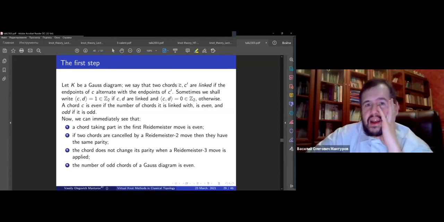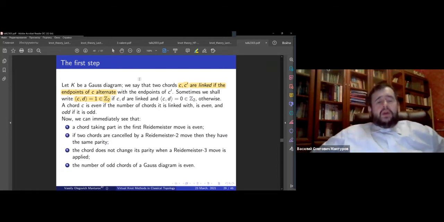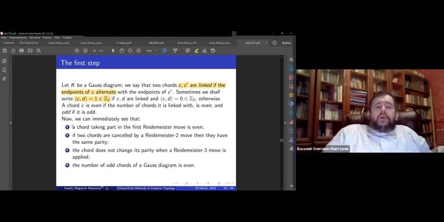Okay, so again, about the definition, possibly it should be given much before. Chords are linked if their endpoints alternate, and we can write this as a scalar product like this. And a chord is even if it intersects evenly many chords, and odd if it intersects oddly many chords. And now I want to formulate the four properties of parity, and actually these four properties are the only thing I need.